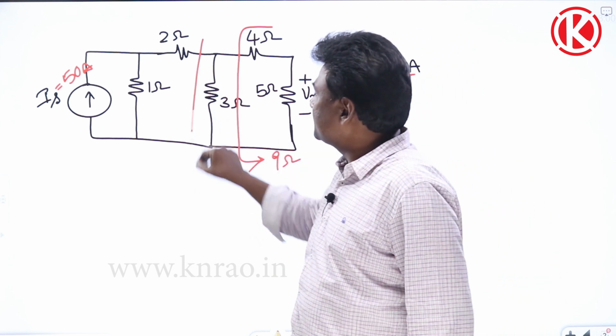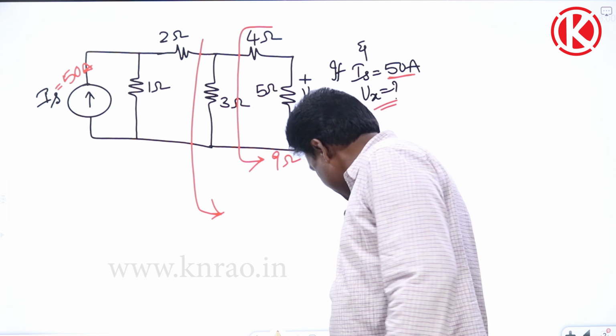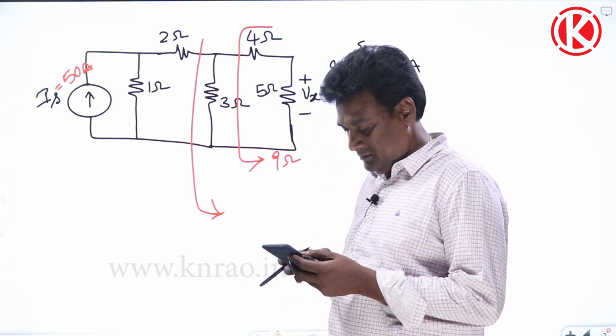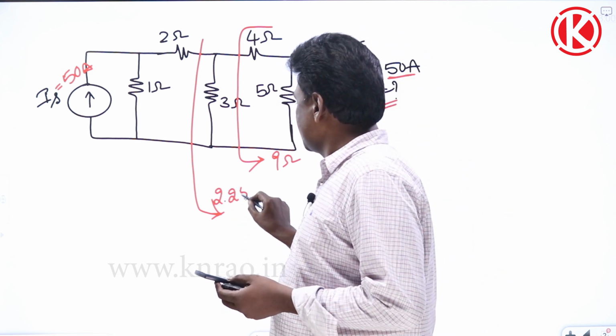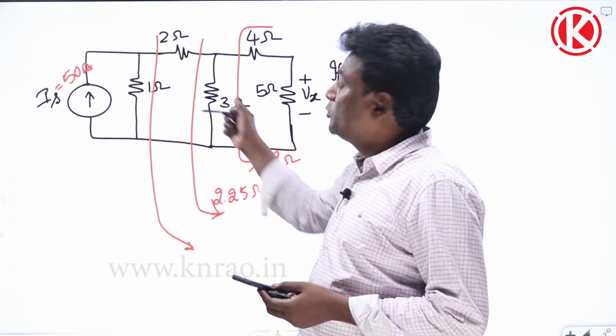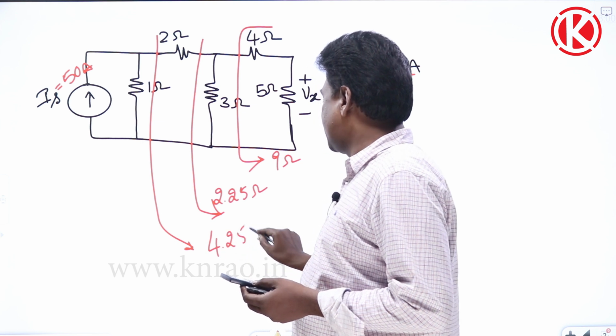And 9 and 3 are connected in parallel. So 9 into 3 by 9 plus 3, 27 divided by 12, 2.25 ohms. And 2.25 plus 2 is going to be 4.25 ohms.